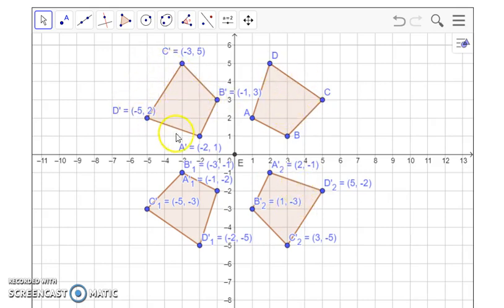If I started with this as my pre-image, then a 180-degree rotation would take me to the quadrant 4 image. So in essence, a 270-degree rotation is the 180-degree rotation of the 90-degree, because 90 plus 180 gives me 270. That's why they have those same ordered pairs just based on the quadrants.